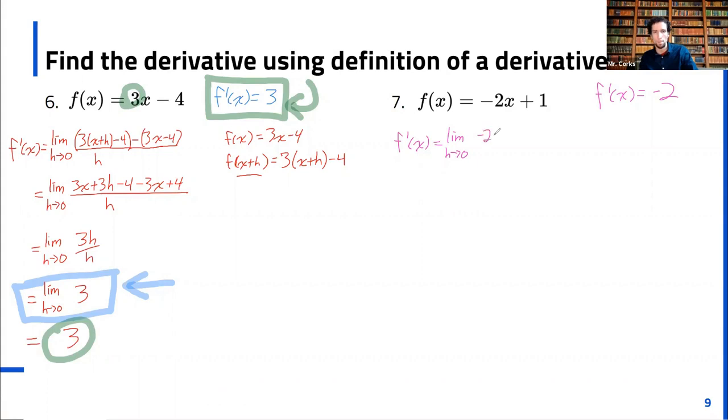Negative 2x minus... Let's not expand. Let's just keep the brackets in there. Okay, brackets, and inside the brackets x plus h, and minus the given function. Negative 2x plus something. You forgot something.